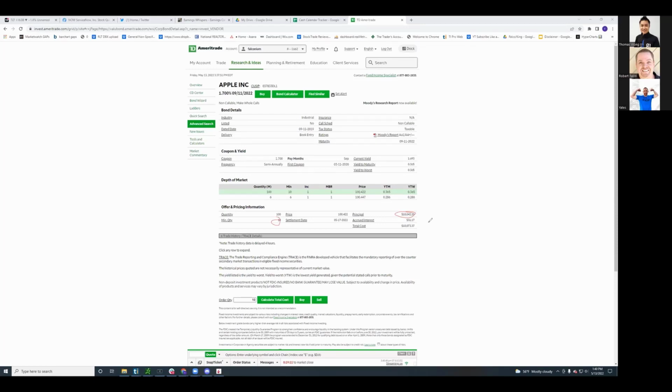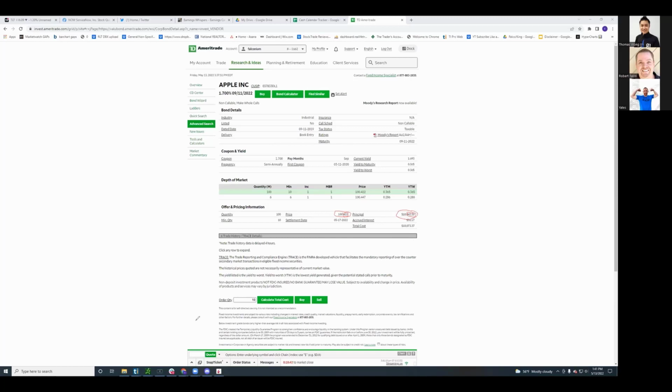If it's going up in price, the yield is going down. If it's going down in price, the yield is going up. If you paid exactly 100, so $1,000 for a $1,000 face value bond, then it would be right on 100. But since this is 100.422, you're actually paying a premium of 0.422, so that would be $42.20 extra.